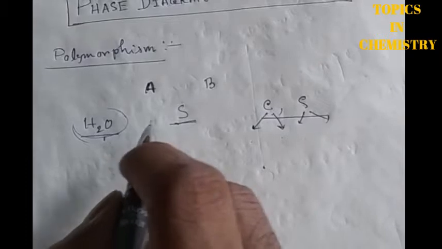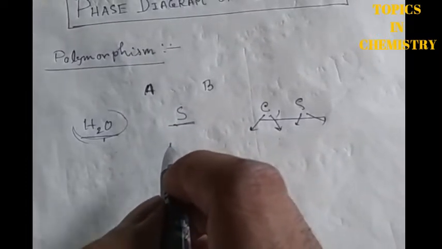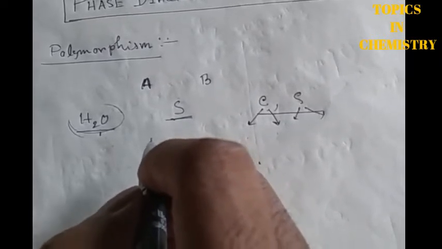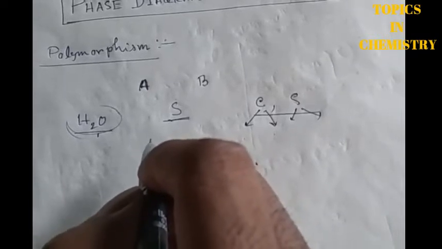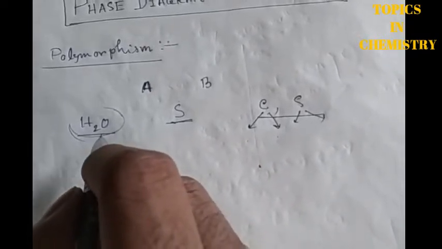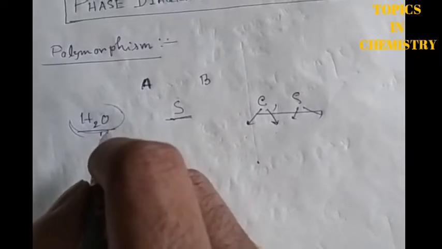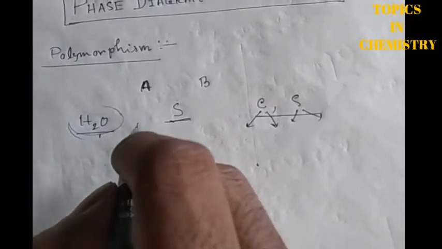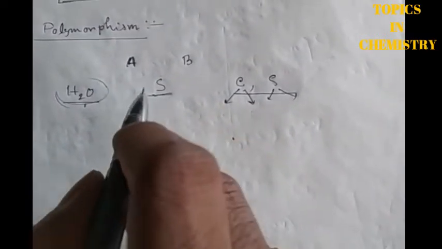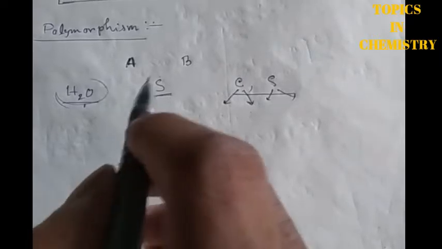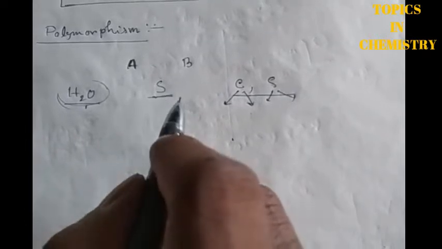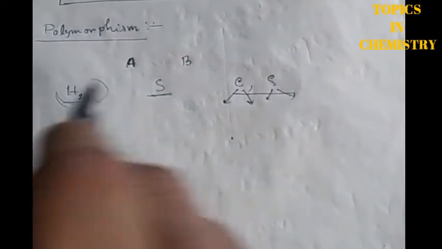So monoclinic and rhombic sulfur are both allotropes and polymorphs of sulfur. But the 7 different crystalline forms of water are only polymorphs of water, not allotropes. This is the difference: polymorphism occurs for elements and compounds, but allotropy occurs only for elements, not for compounds.